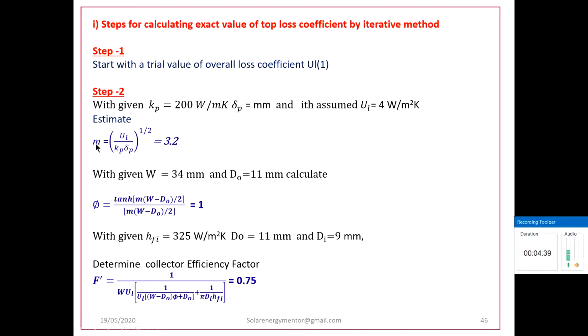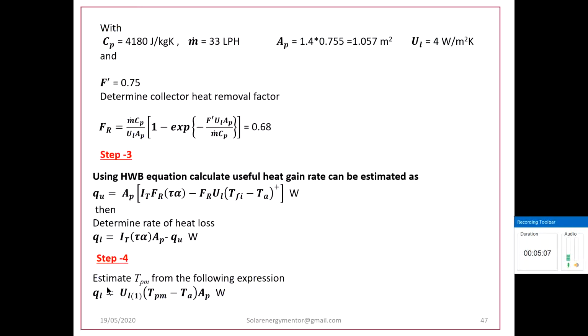Then by knowing M and phi, we can find out the collector efficiency factor, which comes out to be, for the first iteration, 0.75. In this, W is known, UL is 4, W minus DO and all this. Here DI is made use of. DI is 9 mm. HFI is already given as 325. So F dash can be calculated with this data.